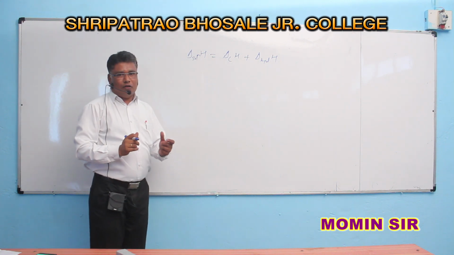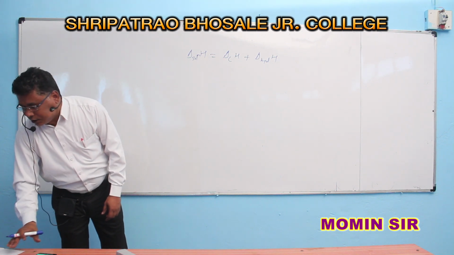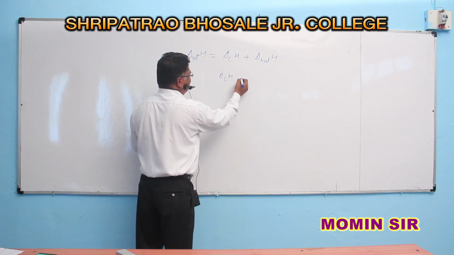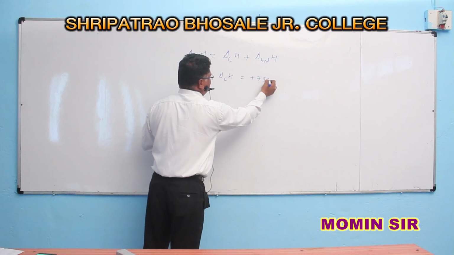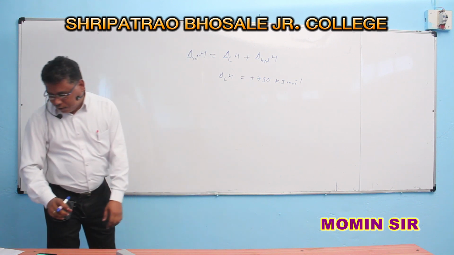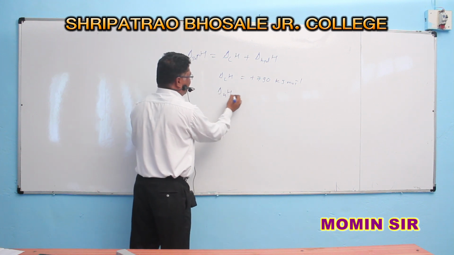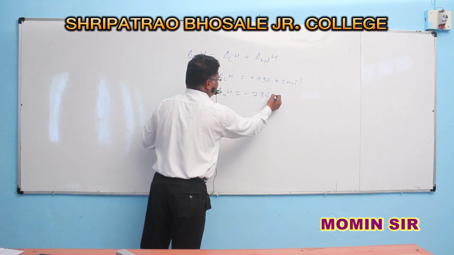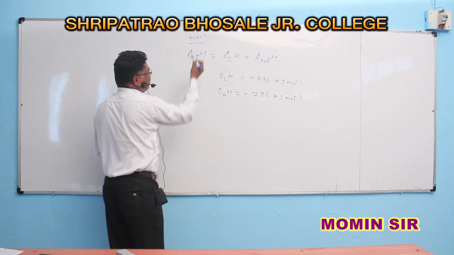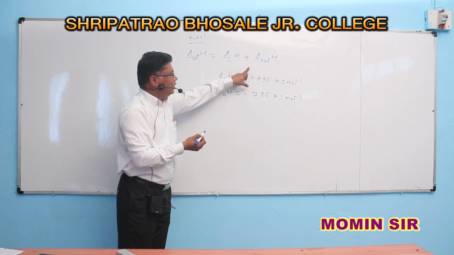For NaCl, delta H lattice is plus 790 kilojoule per mole, and the enthalpy of hydration is minus 786 kilojoule per mole. So for NaCl, how is the enthalpy of solution found? Lattice enthalpy plus enthalpy of hydration.